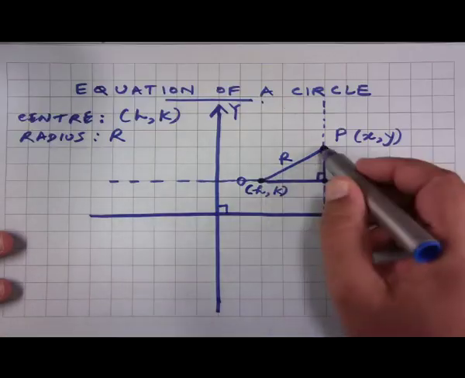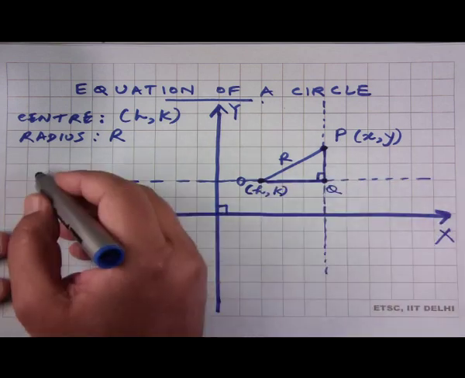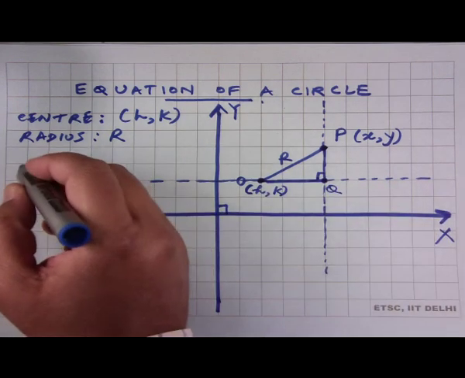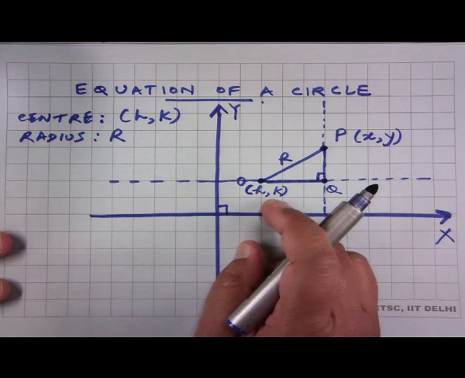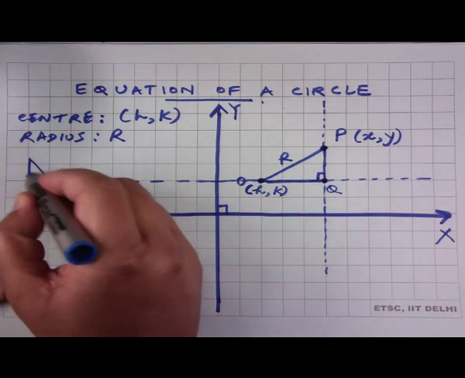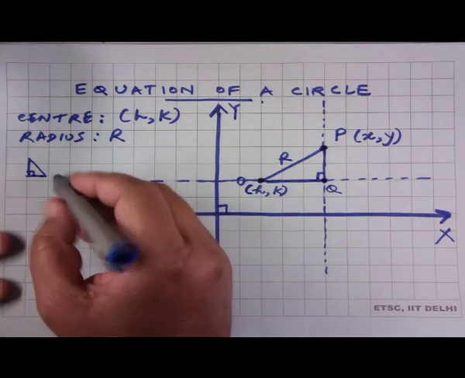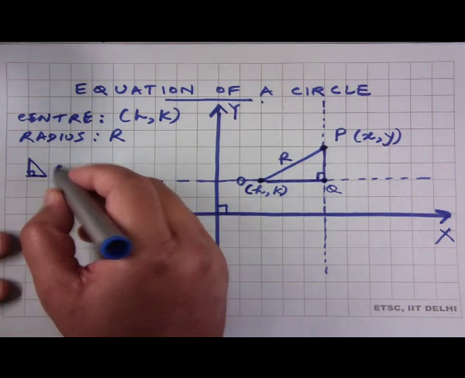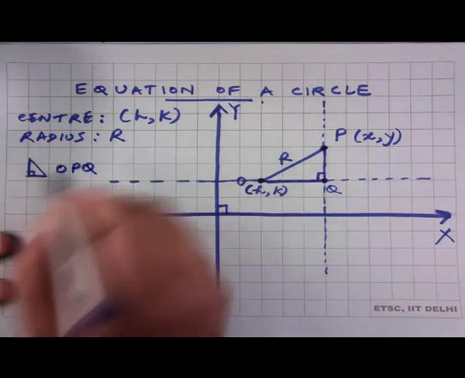So, now what we have is a right angle triangle here. So, we have a right angle triangle OPQ.